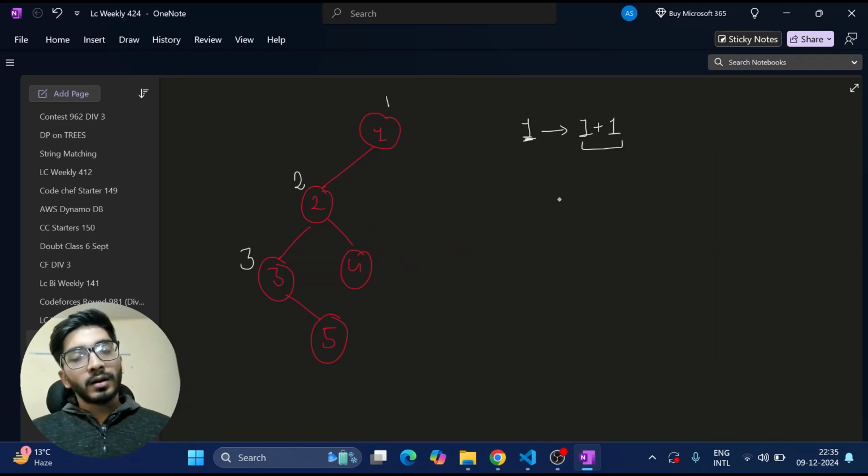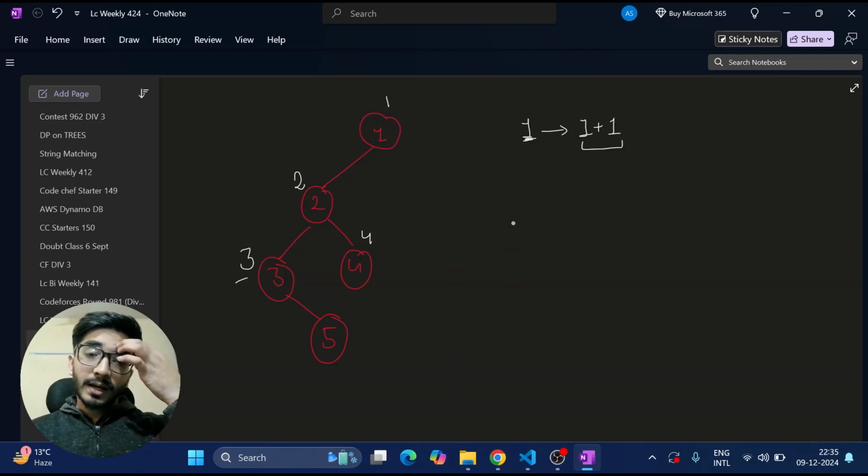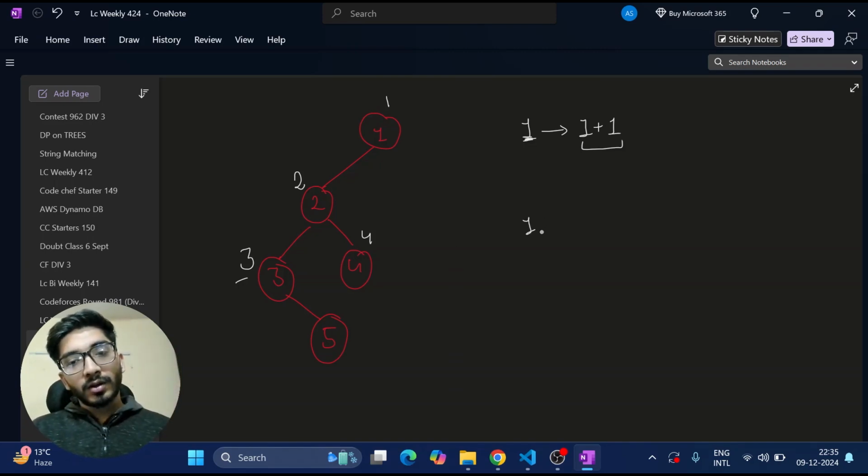So the solution that I was initially thinking is that instead of just incrementing a value from 3 to 4, let's increment it by a greater value so that I can surpass the differences of 2 and 3, because these are the major differences that are going to give us conflict.